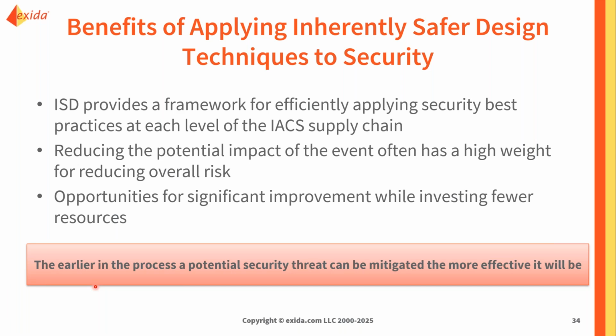So if we prevent a loss of containment event from a control system and compromise of the safety system by using a hardwired relay, that's going to be more effective than providing controls for that safety zone. Or if we have separated control and safety systems, that's going to be more effective than trying to throw all of our eggs into that one combined system basket.